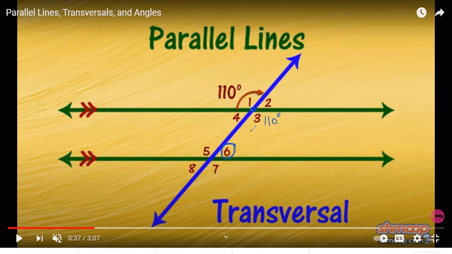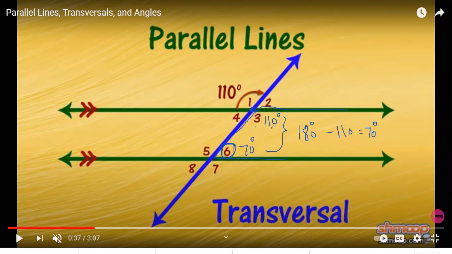But 3 and 6 lie inside the two parallel lines and on the same side, which means the sum of their measures should equal 180 degrees. Then to find the measure of angle 6, it will be 180 minus 110, which equals 70 degrees. So this is 70 degrees.